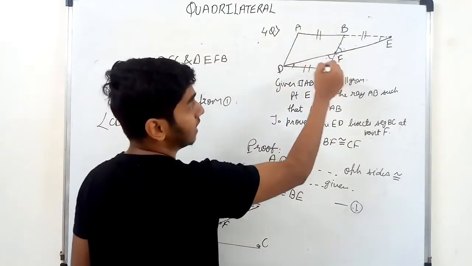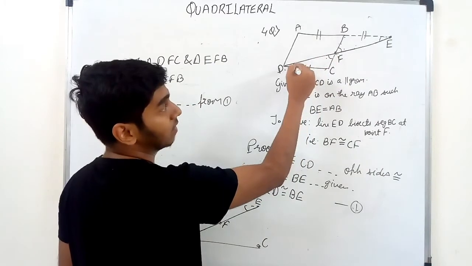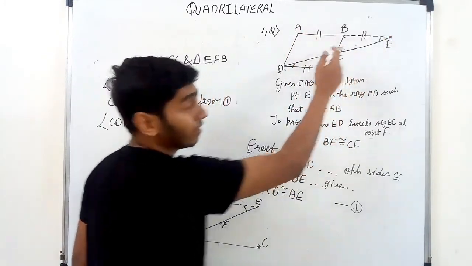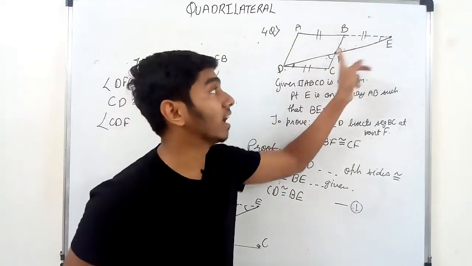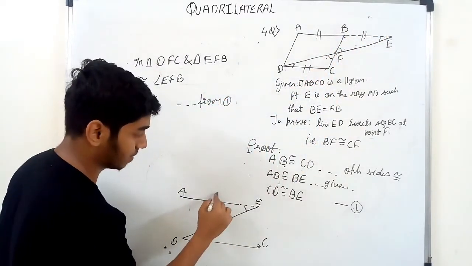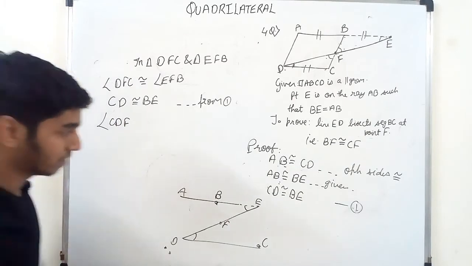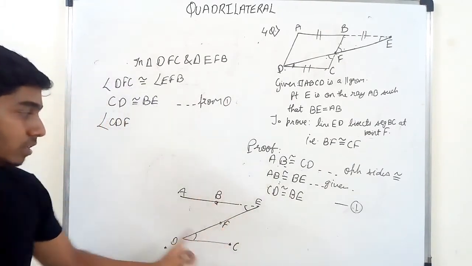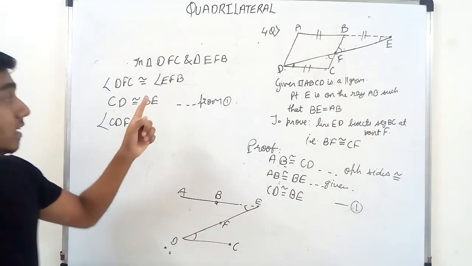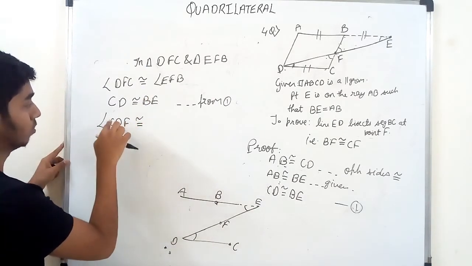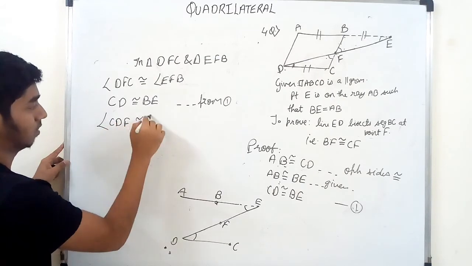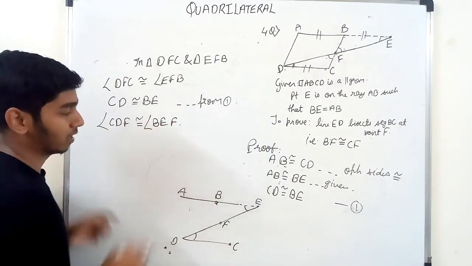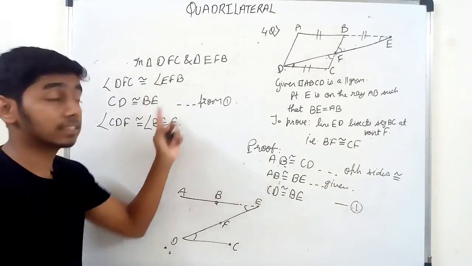So here angle CDF is congruent to AEF, or instead of AEF, we can also say BEF, since B is in between. This C is here, halfway. This is how it is formed. So we can say this is congruent to BEF. Okay, so I hope you have understood how we are getting these congruences.